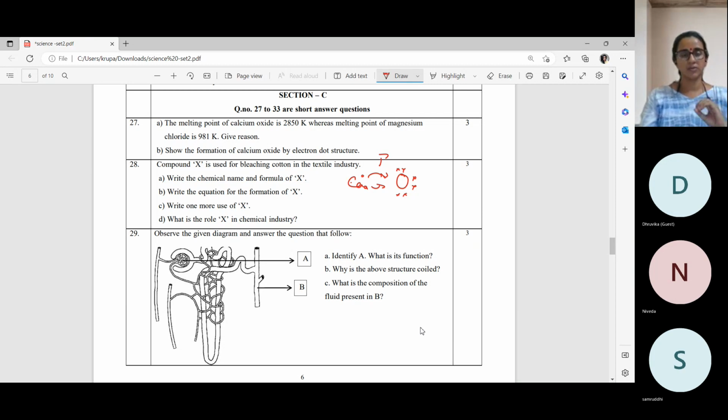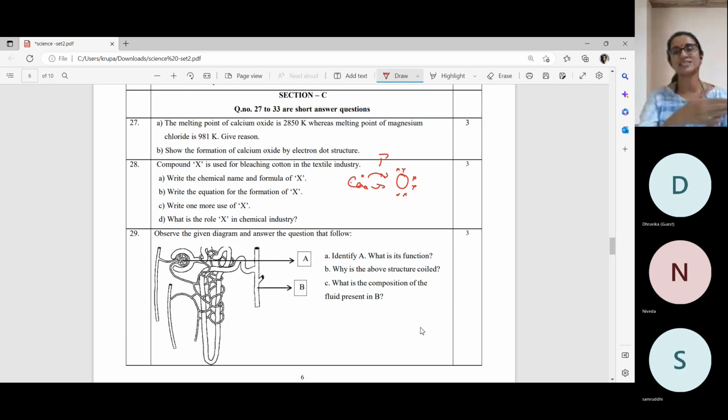Okay, now while chlorine is electronegative, oxygen is also electronegative. It's not as strong as chlorine is, but the concept of electronegativity comes into the picture 99% only when we're talking about covalent bonding, because electronegativity is defined as, in a shared pair of electrons, which atom is able to attract the pair of electrons towards itself.